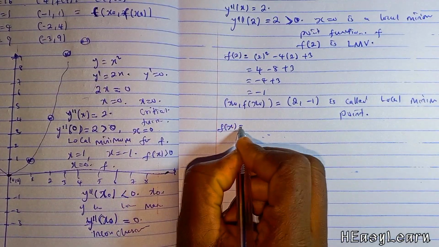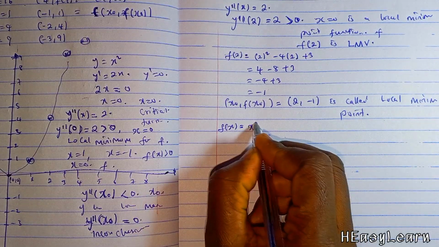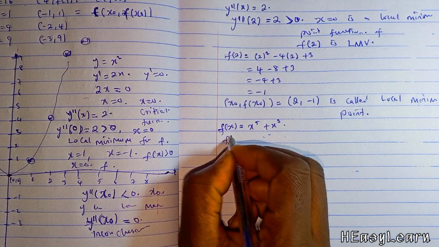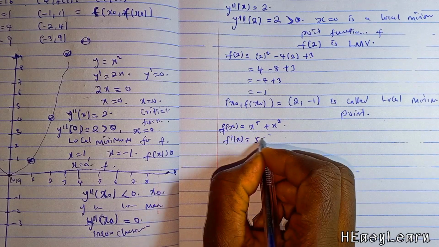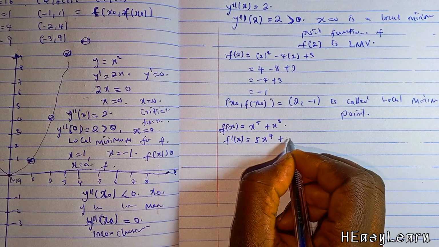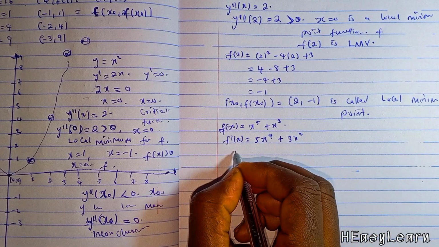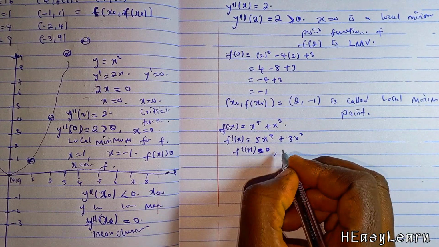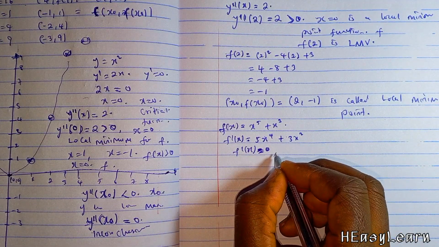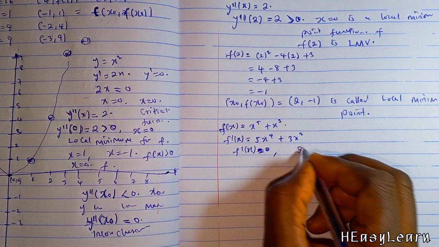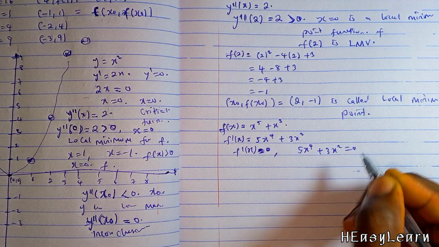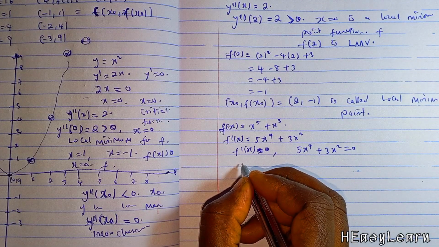Given the function f of x equals x to the power of 5 plus x to the power of 3, what is going to be the first derivative of this function? 5x to the power of 4 plus 3x squared. At the critical point, when the first derivative equals 0, it is called the critical point. Then solve for x. Set the first derivative equals to 0.